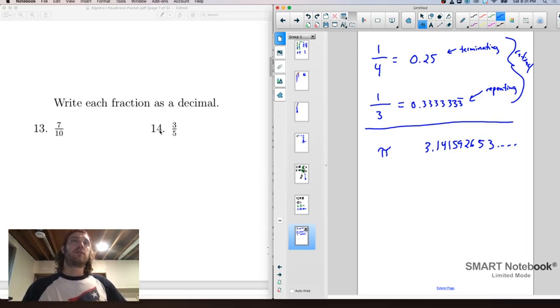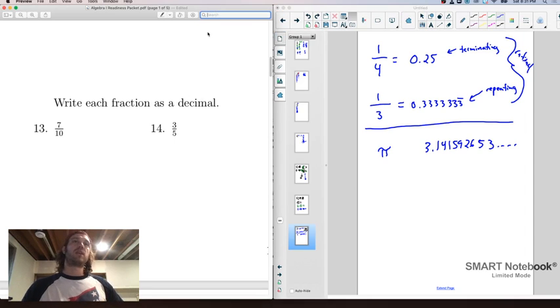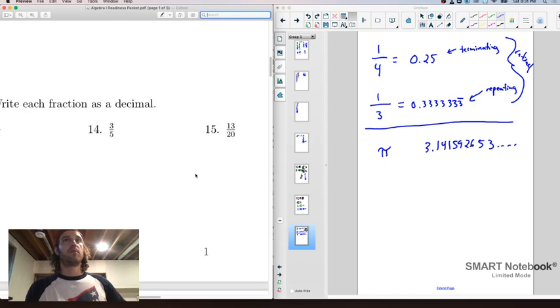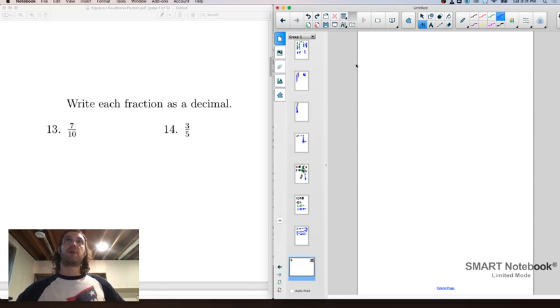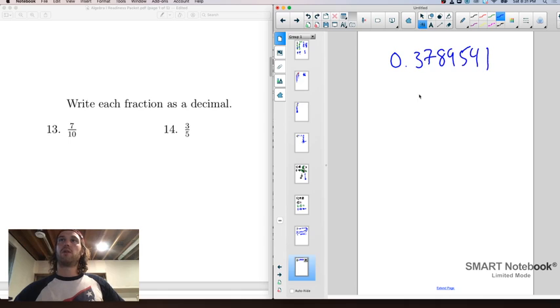How do I write the fraction as a decimal? Well, for this course, I'm not going to make you guys do much long division, but it might be a good refresher for us. 7/10 should be pretty basic. Your decimal places, like let's say 3, 7, 8, 9, 5, 4, 1. This is the ones place, right? Let's do a 4 here.